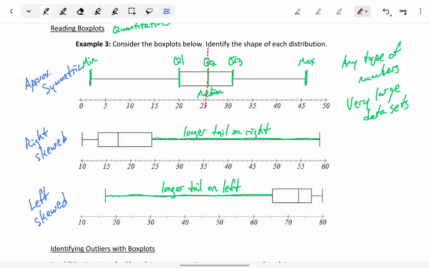Also similar to histograms, they hide a lot of the individual data values, which again isn't necessarily a bad thing, especially if we're dealing with really large data sets. It's too much information for us to process, but it does have the perk that it shows us that 5-number summary. It helps us see the different breaks in the data.